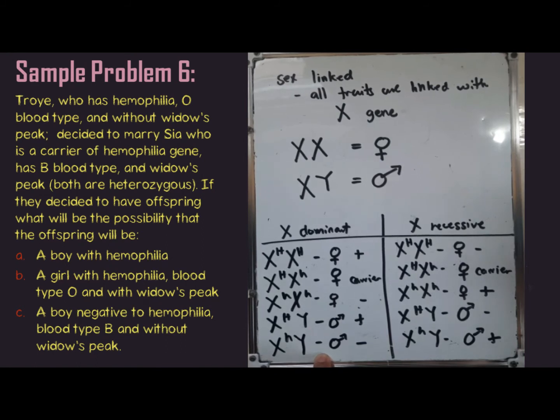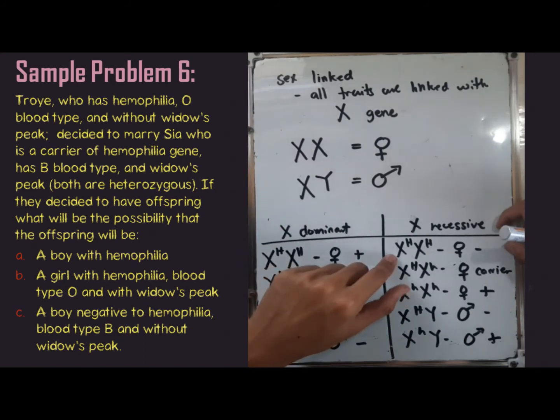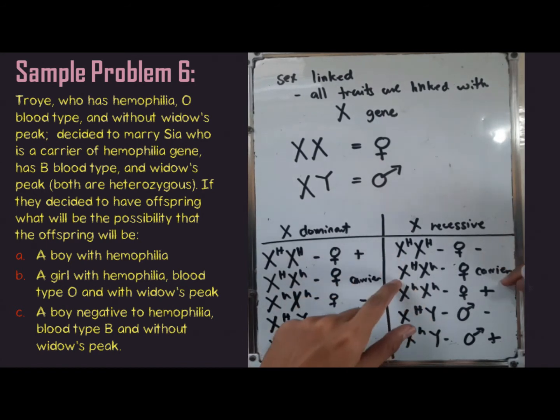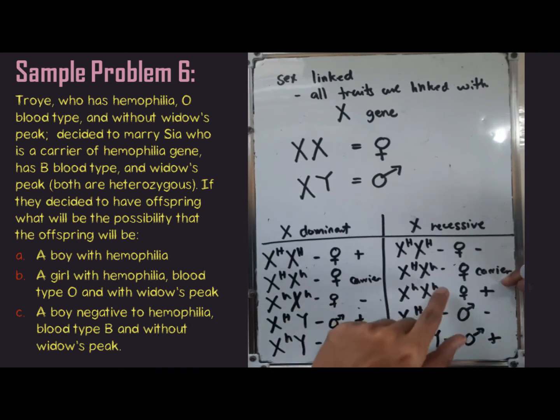Then, if the condition is an example of an X-recessive trait, for instance, hemophilia or the bleeder's disease, for the female to be negative, she should possess homozygous dominant for that gene, while for a female to be a carrier, she should be heterozygous for that gene because there is the presence of the X-recessive trait.